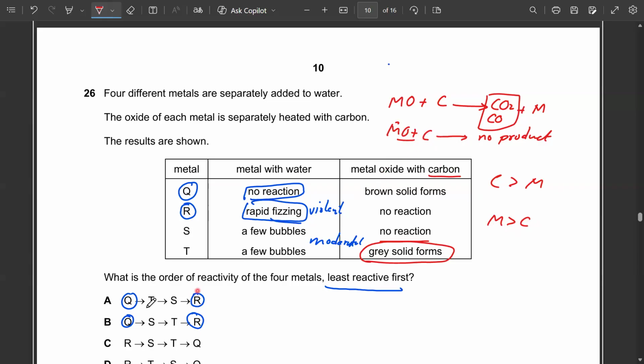So between T and S, if T is forming a gray solid, it means the metal has lost the oxygen. In the case of S, a few bubbles, no reaction, which means the metal was already higher in reactivity as compared to carbon.